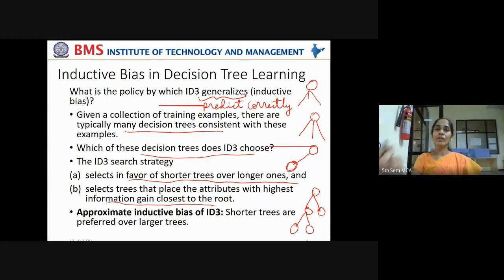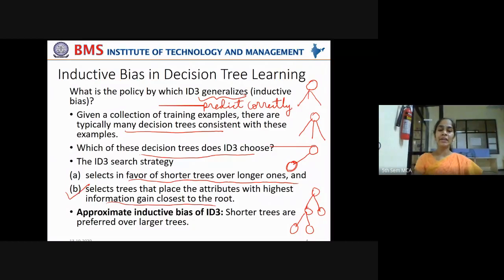Each time a new data point is given, does the machine learning model search all these possible decision trees in the hypothesis space? No, that is a very time-taking task, and it will make the machine learning model less efficient. That is why it has another criterion in searching the hypothesis space.